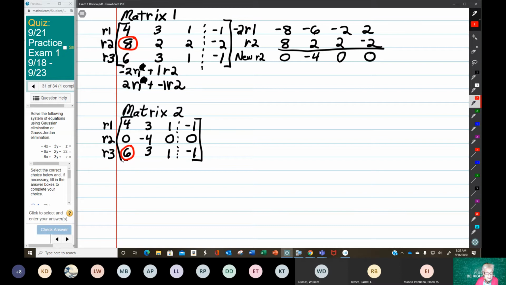So what I'm going to do is this. I'm going to take 3 times row 1, and I'm going to add it to -2 times row 2.